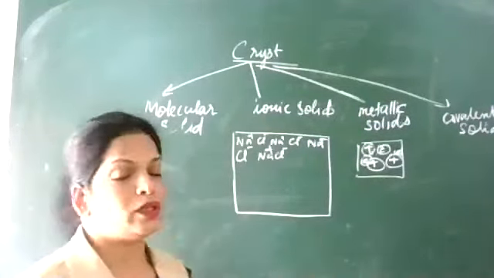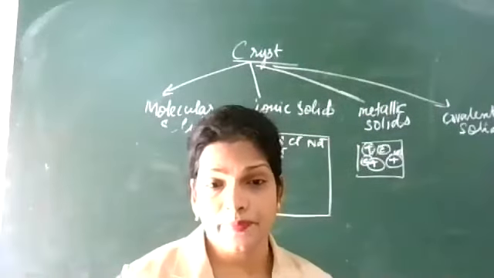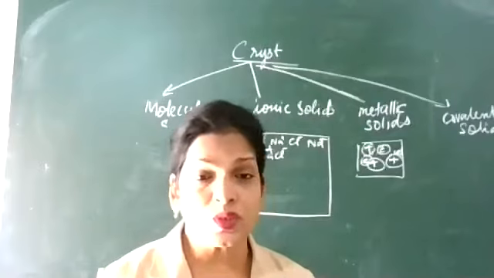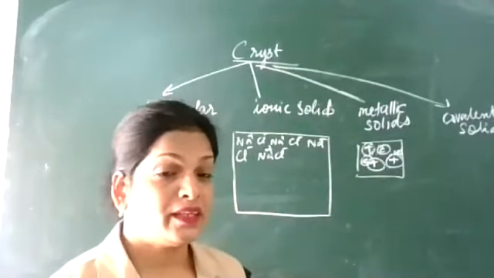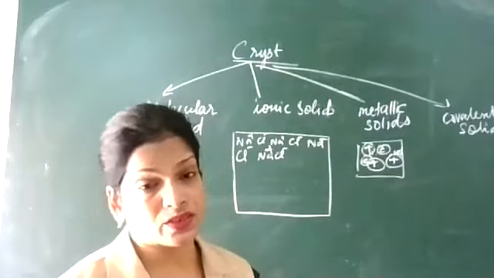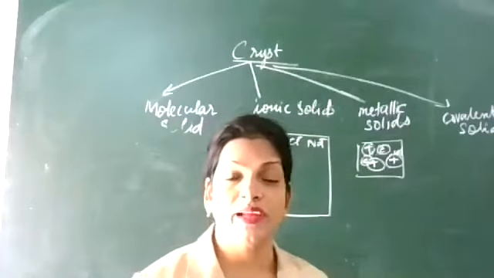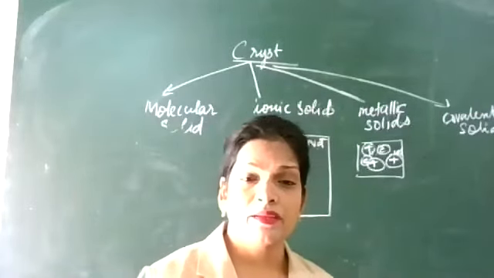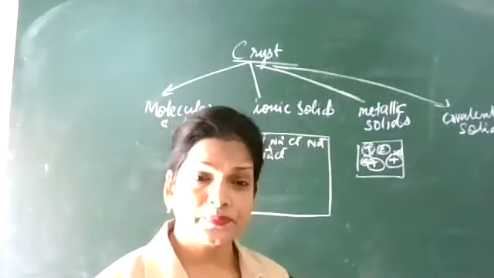What about covalent solids? In covalent solids, for example, diamond. The bonding is covalent, but due to their structure, they have a strong crystal lattice. In diamond, atoms are the constituent particles.